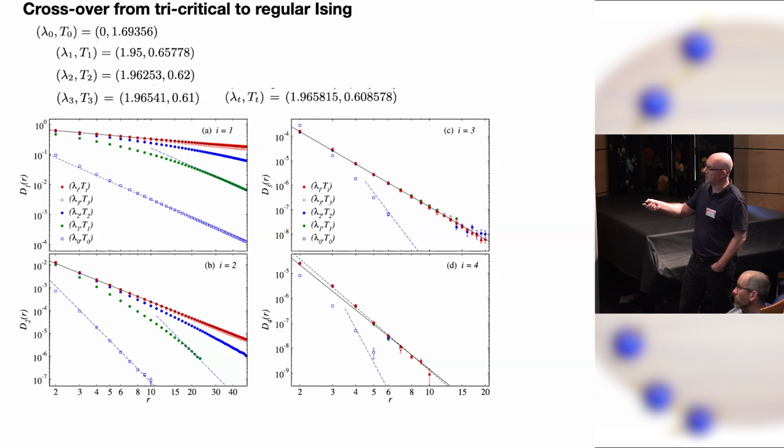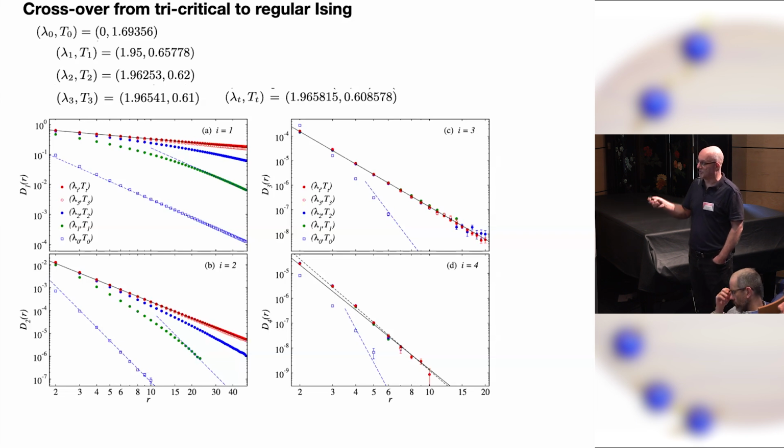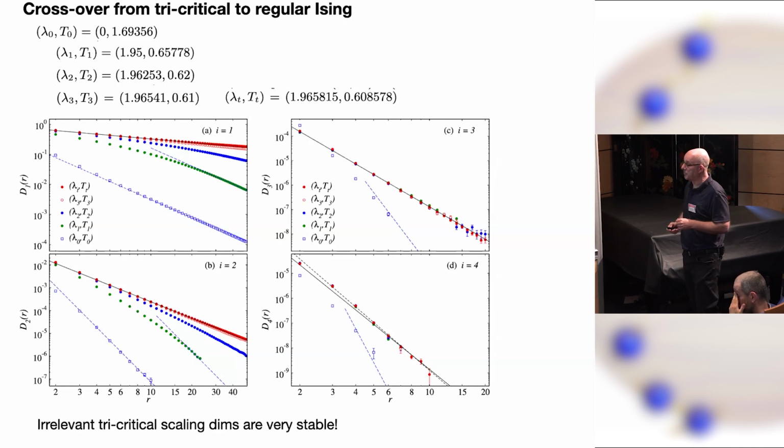You get tricritical behavior for all these points except the one that is extremely far from the tricritical point. So here we could see the crossovers in these descendant irrelevant scaling dimensions. We don't even see the crossover. They still look tricritical even though the primaries have already crossed over. So I don't know if that's some known thing or not.